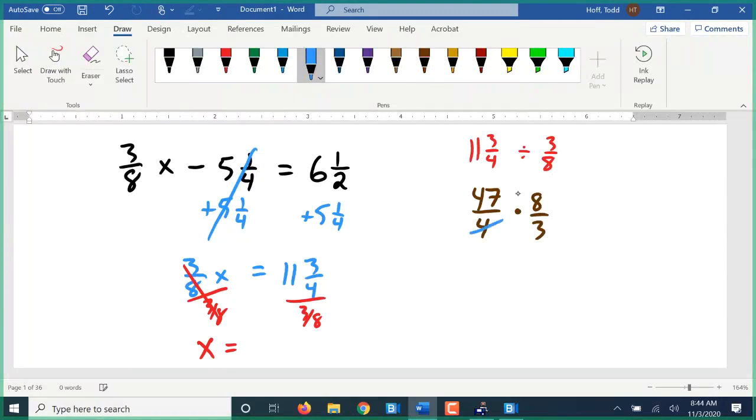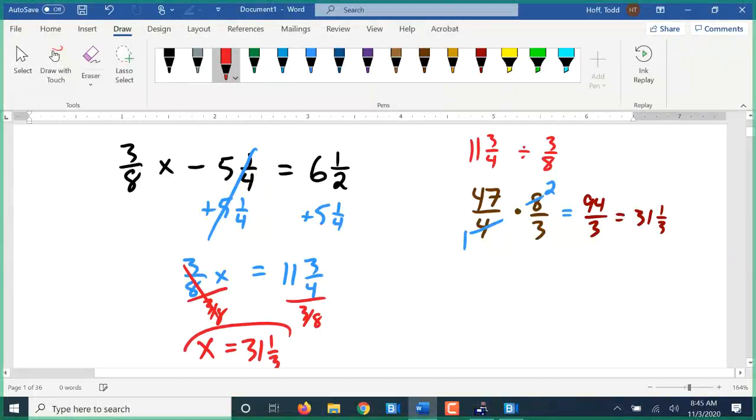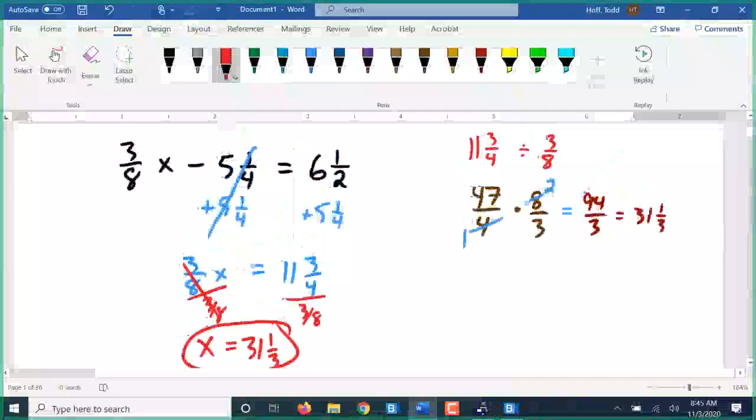The 4 and the 8 both divide by 4 to give us 2 and 1. 47 times 2 is 94. 1 times 3 is 3, which is 31 1/3. Now, there is another way we could have approached this problem.